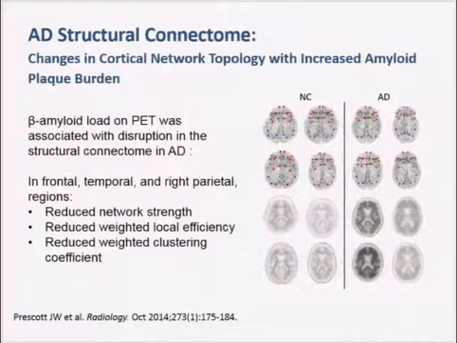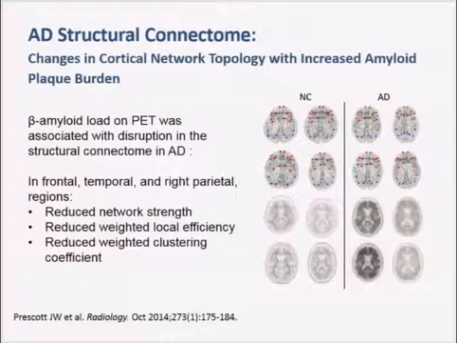And there have been a few studies in Alzheimer's disease, and I wanted to show this one, which looked at beta amyloid load relationship with the structural connectome of Alzheimer's disease. What was found is that the beta amyloid load on PET was associated with disruption in the structural connectome, particularly in frontal, temporal, and parietal regions, and those are, of course, the regions that are most affected in Alzheimer's disease.